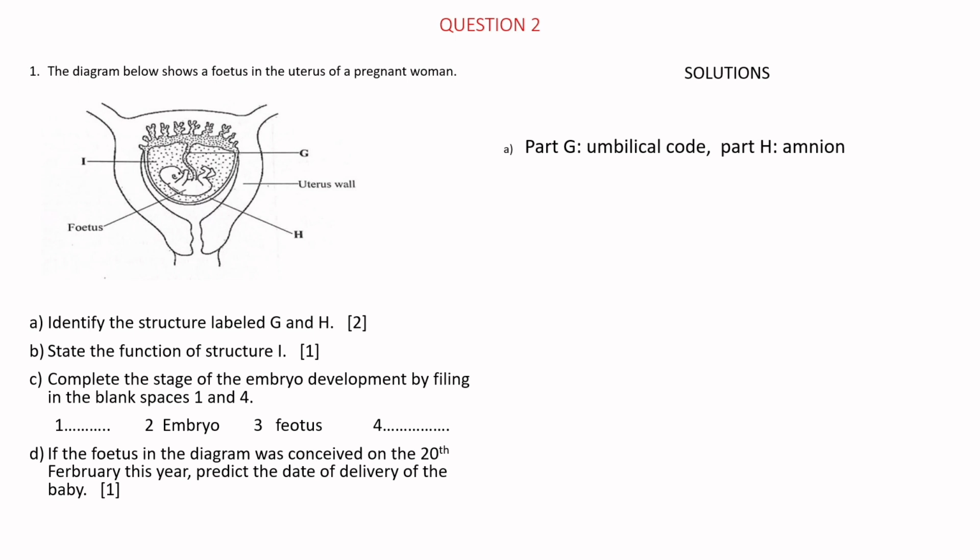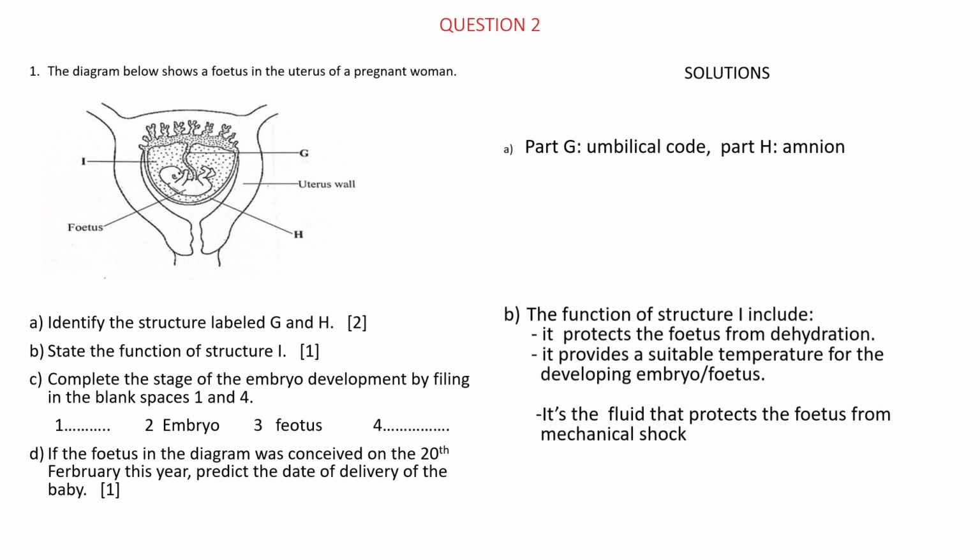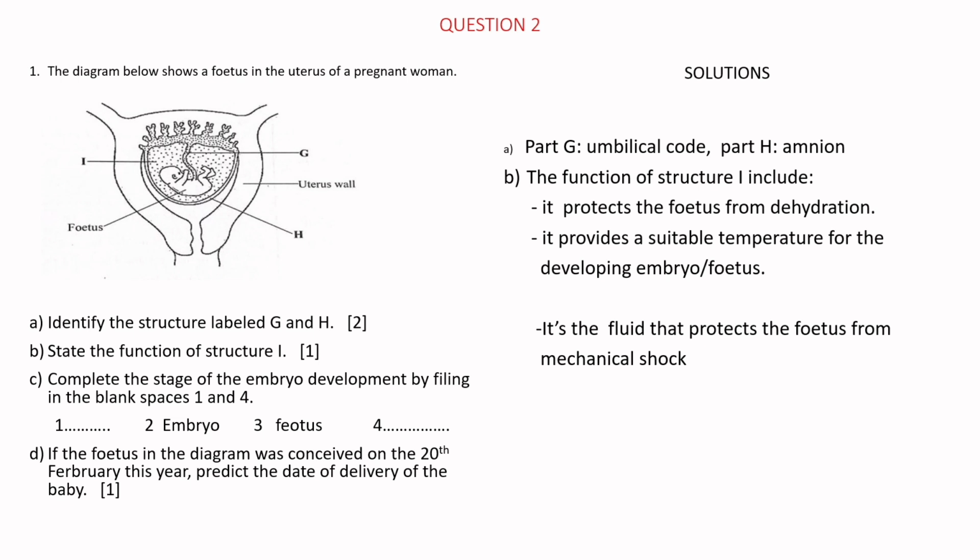Question B. State the function of structure I. So the function of structure I: it protects the fetus from dehydration. It provides a suitable temperature for the developing embryo or fetus. It's a fluid that protects the fetus from mechanical shock. Question C. Complete the stages of embryo development by filling in the blank spaces 1 to 4.